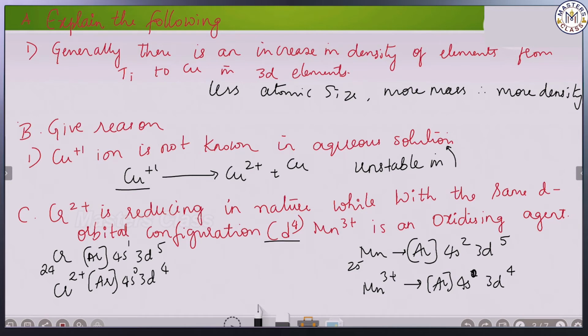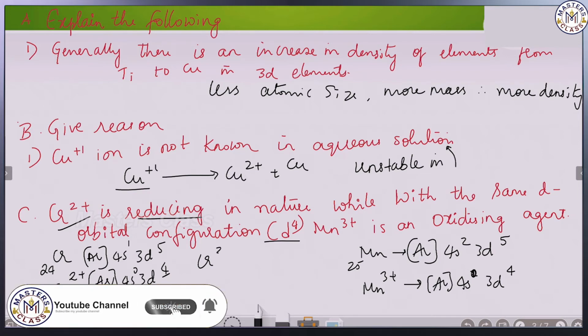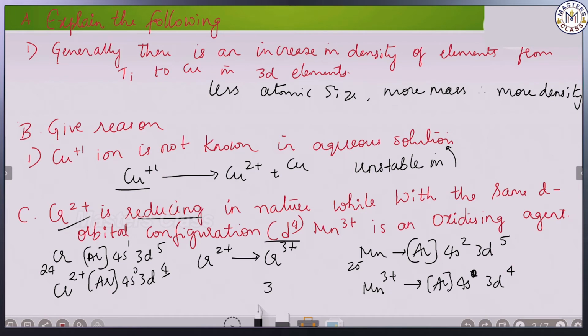So what are they telling? Cr2+ is reducing. If Cr2+, which has the 3d4 configuration, loses one electron and becomes Cr3+, then it will have the 3d3 configuration.